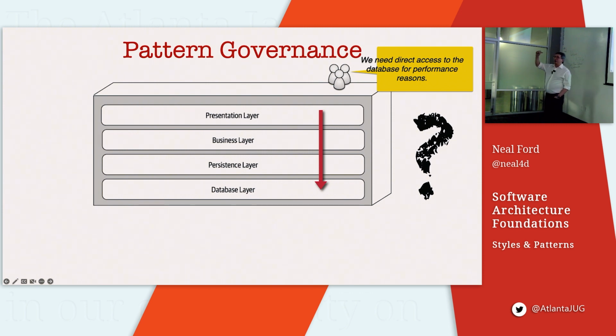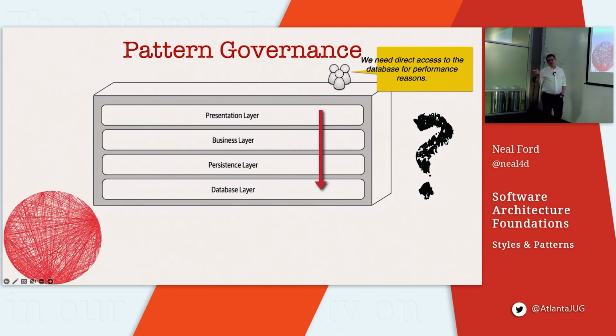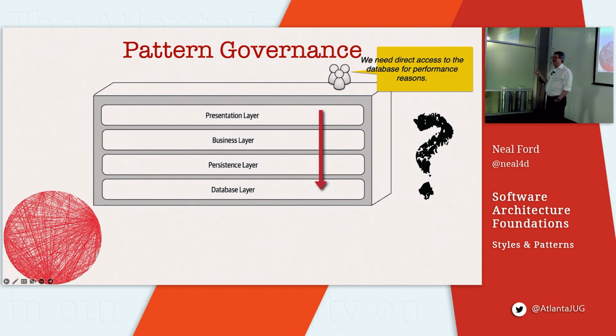We need to wire directly from the reporting presentation layer directly to the database and bypass all those layers. Is that okay? What do you think? Is this a minor compromise to my architecture? Or does this basically ruin the whole thing?